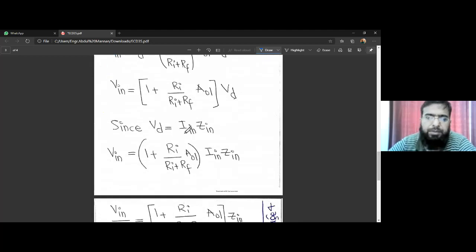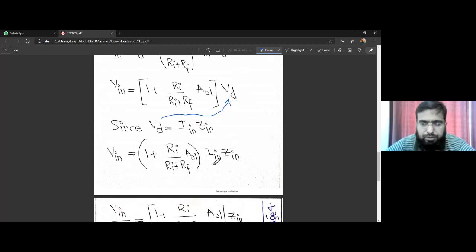Vd, the difference of voltage, can also be written as the net current flowing into the op-amp times the input impedance of the op-amp. So we can replace Vd with In times Zin. Now the full expression is this.